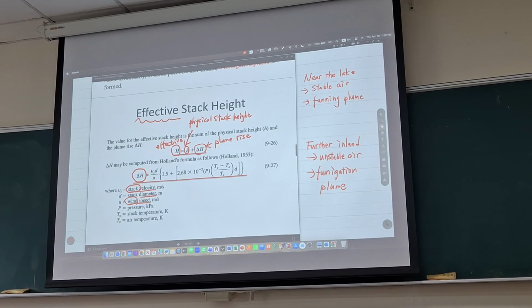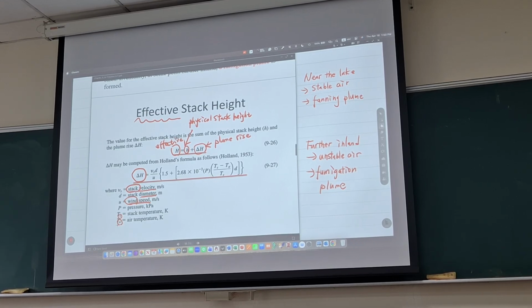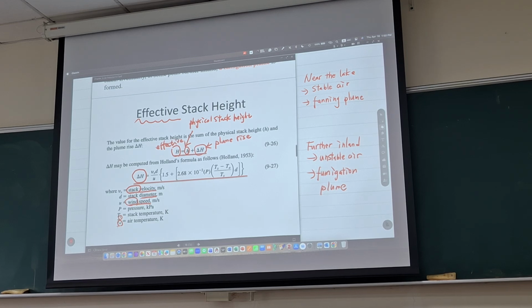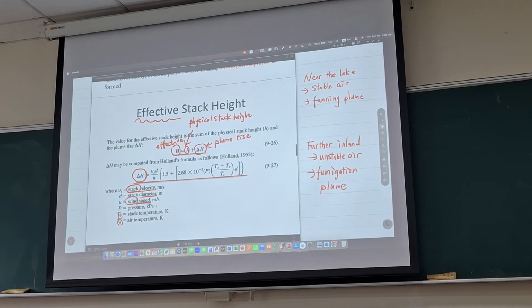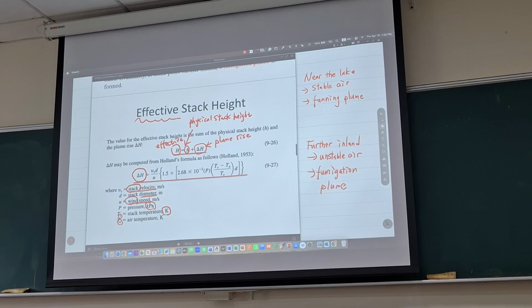We have two temperatures here, Ts and Ta. Ts stands for the stack gas temperature, and you need to use Kelvin for its unit. Ta stands for air temperature.